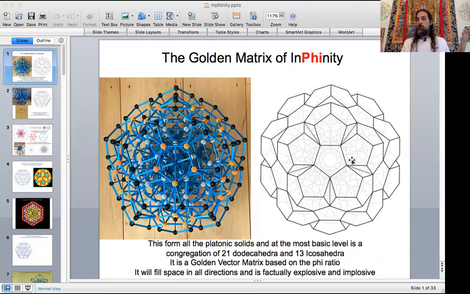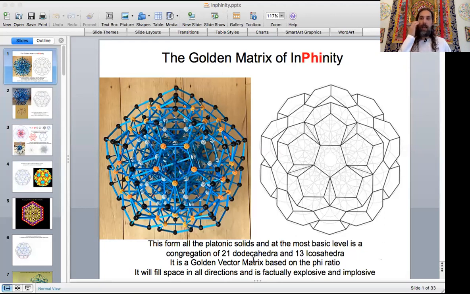So once again, here's the structures. And if you've watched any of my videos, I love to correlate the 3D geometry with the accurate geometry as produced in the circle templates with the golden ratio circles. This is what I'm calling a kind of golden vector matrix, really.